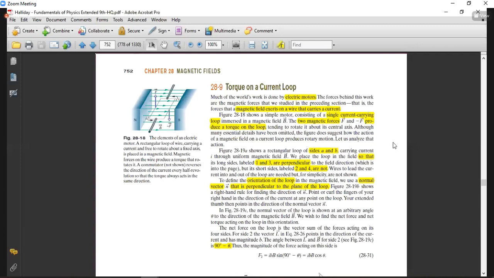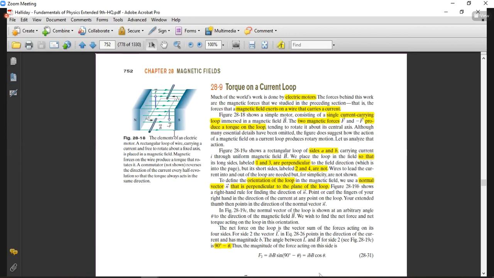I think you already have studied how it works. So here we will discuss in detail how much torque acts on a single loop of a wire, and then if we have n number of loops, how much torque will act on the coil within the magnetic field.